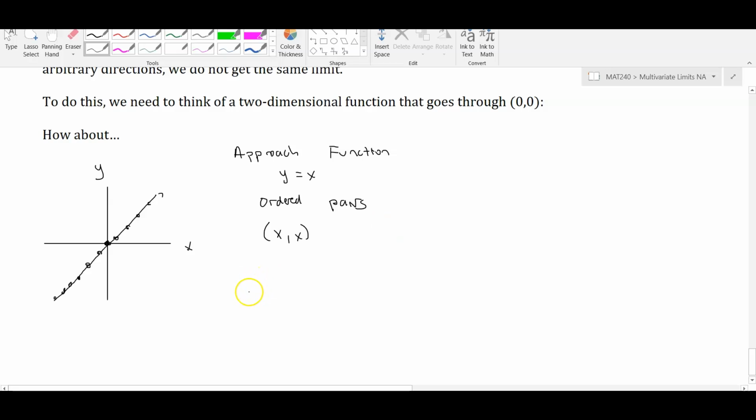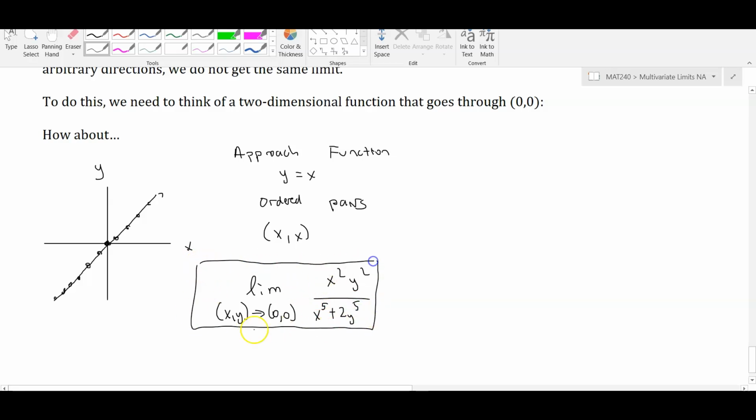And the reason you can do that is because they're the same, so you can refer to them by the same letter. Now, what we want to do is take the limit as x, y approaches 0, 0 of our function x squared y squared over x to the fifth plus 2y to the fifth. Now, that's our general limit that we want to look at. How we approach that point is up to us.